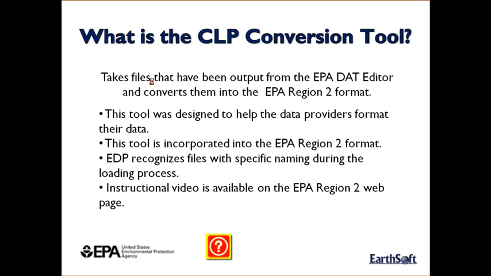Alrighty. Okay, CLP conversion tool. We talked about this a little bit earlier. This is a tool that is part of the Region 2 format, and this was developed as a result of the data providers' comments on having difficulty taking the data that's coming out of the EPA Region 2 DAT editor and getting it into the EPA Region 2 format.